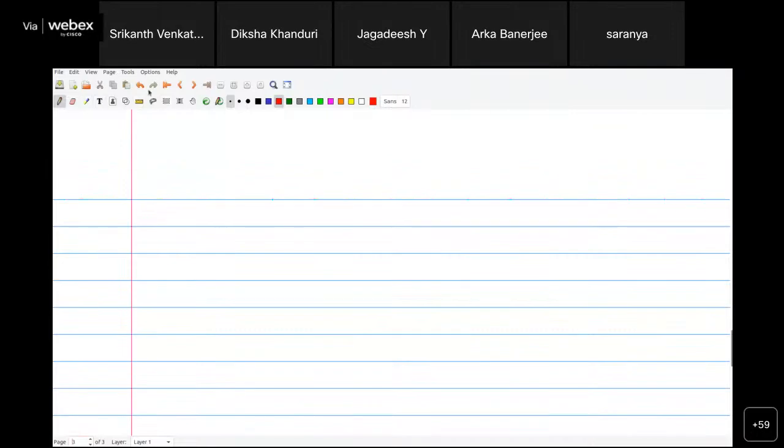So let us understand it simply. If the graph is just y equals x square, I draw the graph of y equals x square. What will be the axis of symmetry?